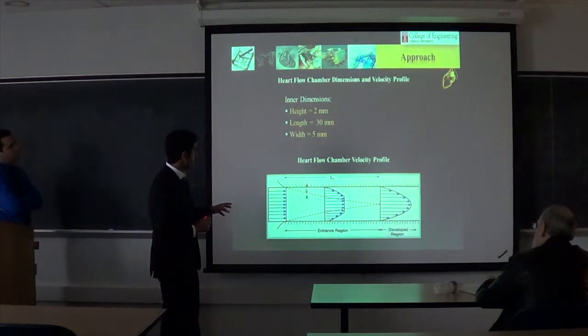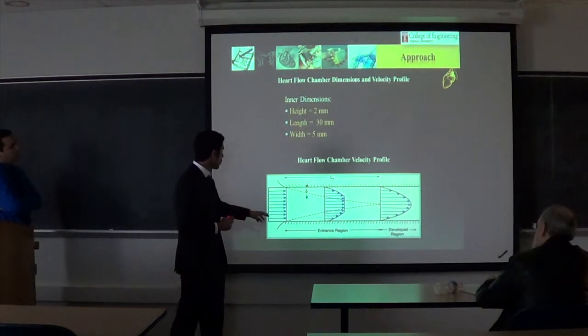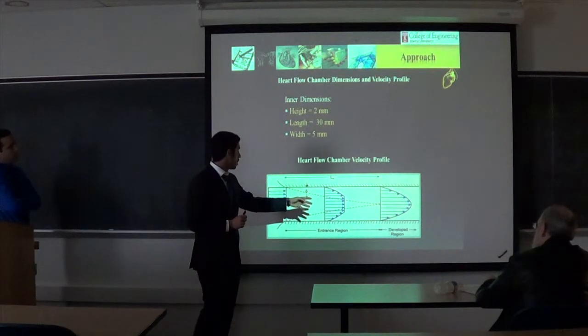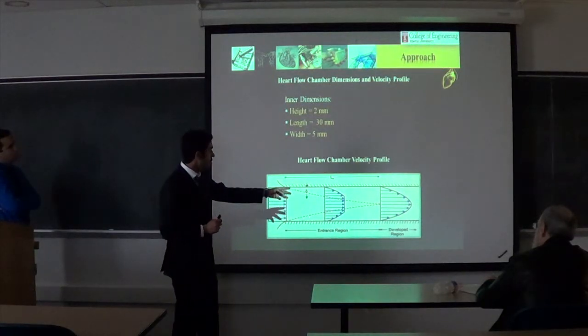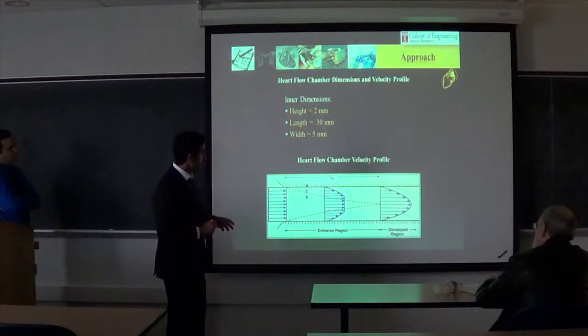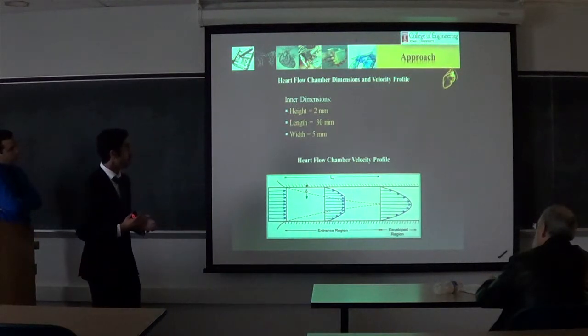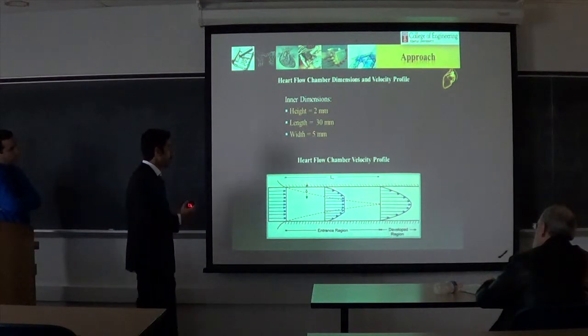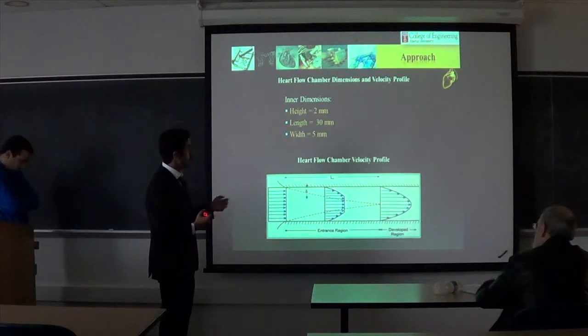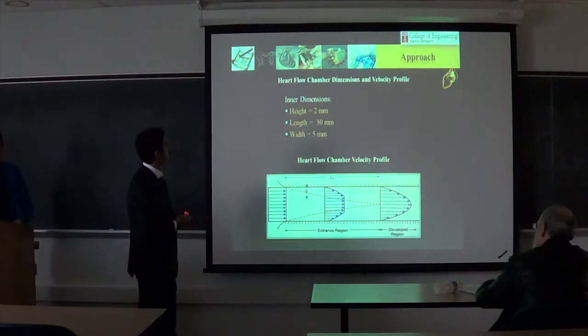and the distance between the inlet and the parabolic profile, which is the developed region, is called the entrance length. This entrance length represents how far we have to go from the inlet to see the profile build up.